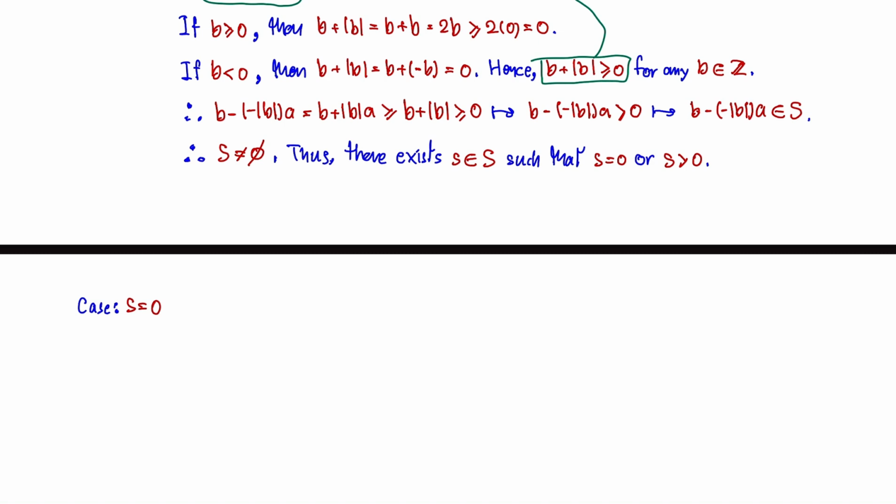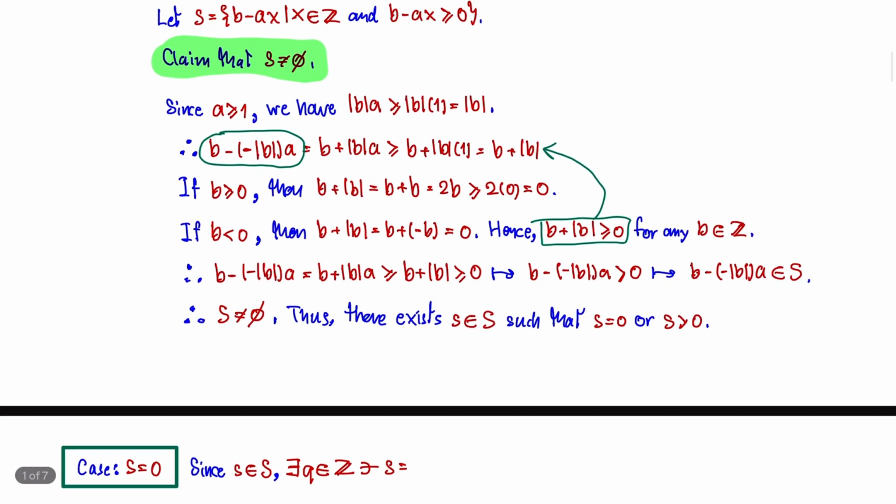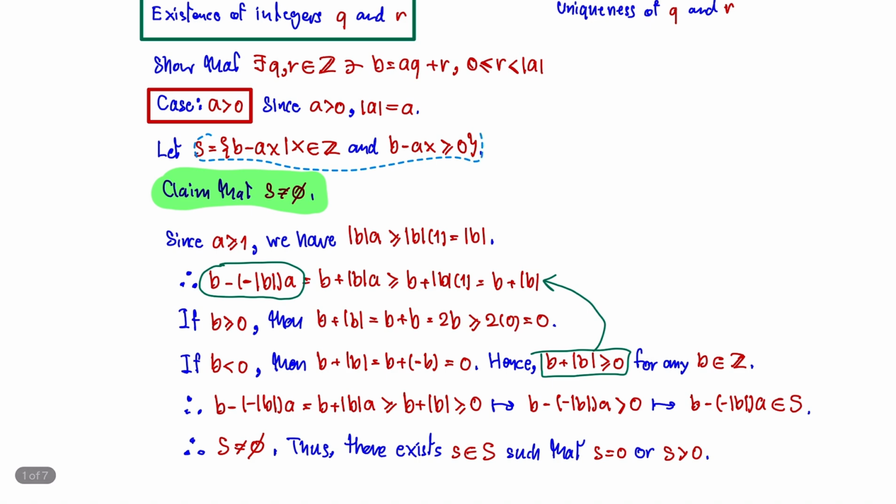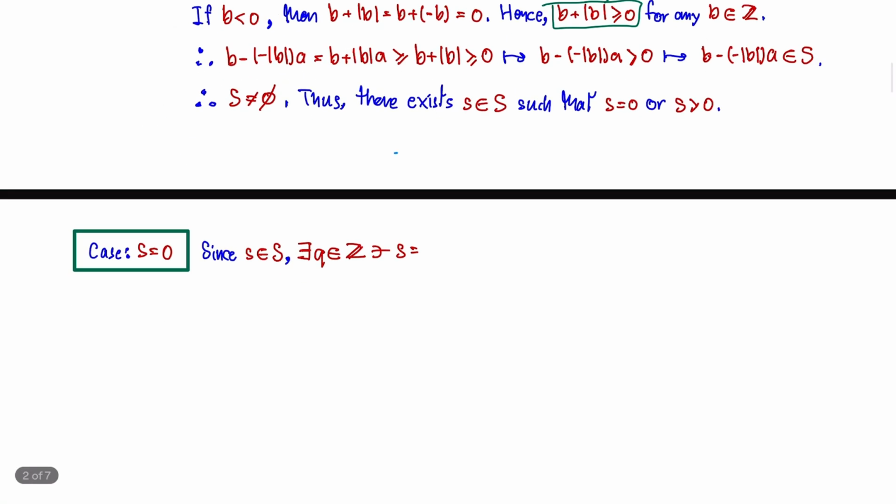Let's start with s equals 0. So what can we do with this? Since small s is in set S, there exists an integer q such that s equals, let's go back to set S, b minus aq.